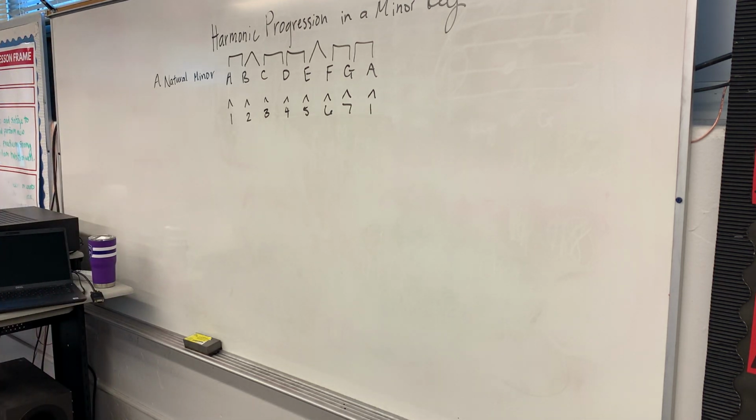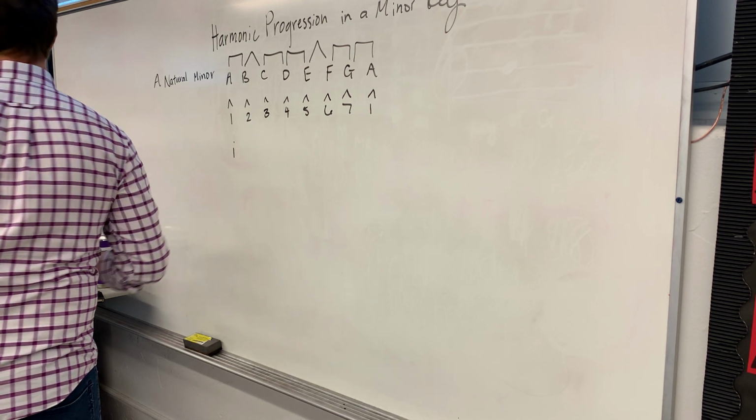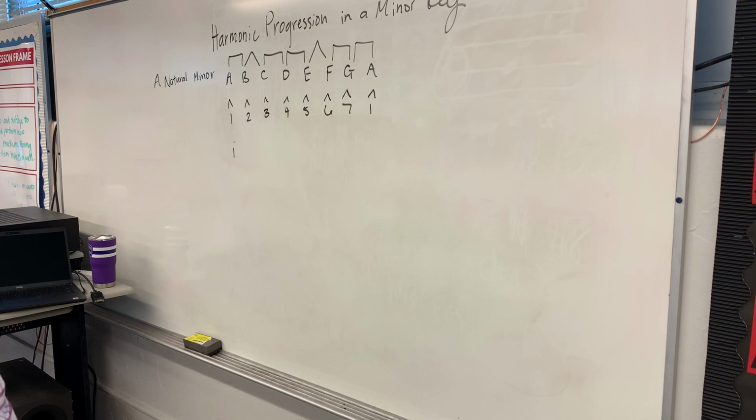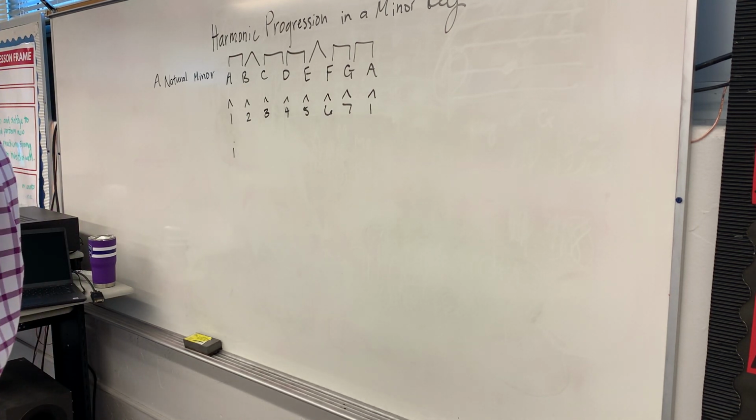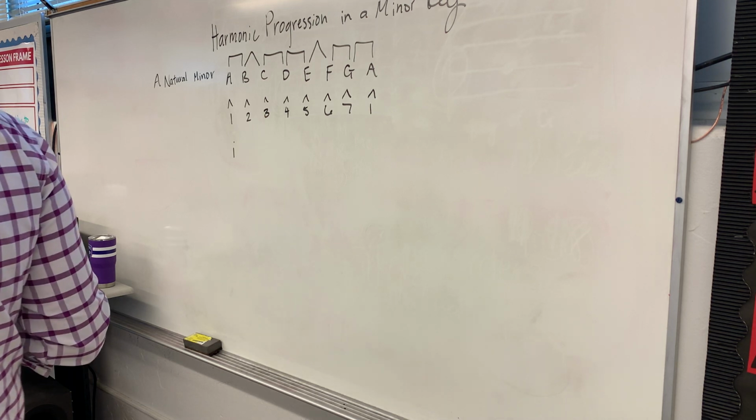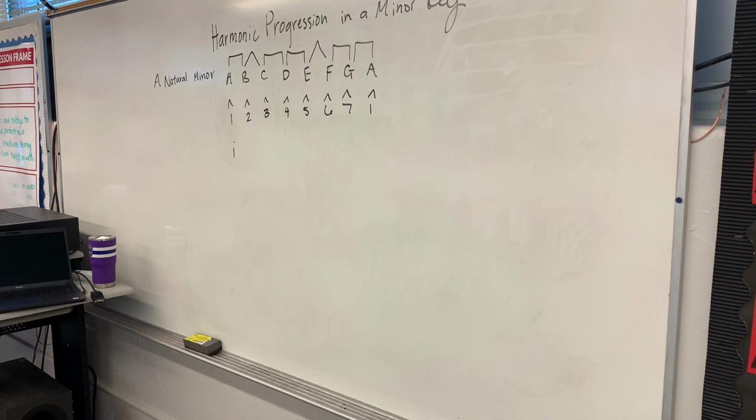If I build a chord on an A, is it major or minor? Minor, right. So this is going to be a minor one Roman numeral. If you build a triad on A, it's going to be a minor chord.